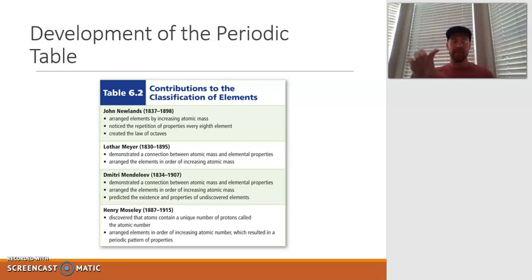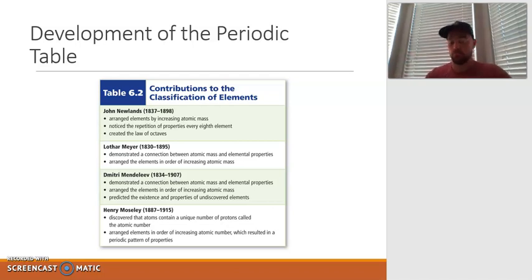Doing so left blanks or spaces in his chart, and he predicted the properties of elements that haven't even been discovered at that point. Dimitri Mendeleev is credited for creating the first organized periodic table.